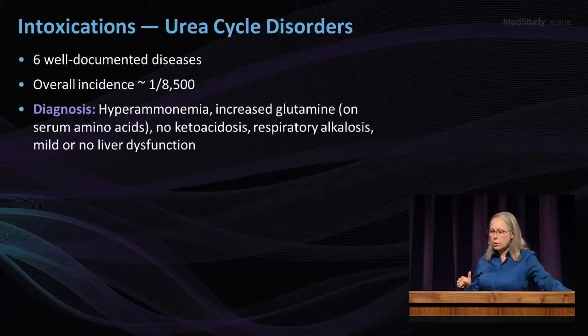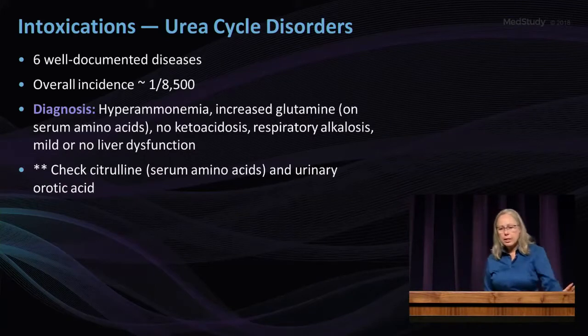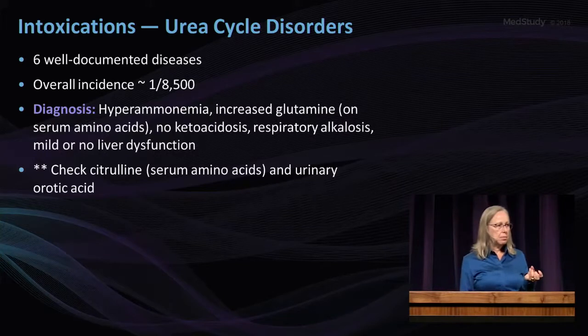Look for increased glutamine on your serum amino acids. There's not going to be a ketoacidosis, but you're going to have a respiratory alkalosis in mild or no liver dysfunction. Look at your citrulline on your serum amino acids and look for a urinary orotic acid. Those are going to be your helpful keys for the A to B to C.